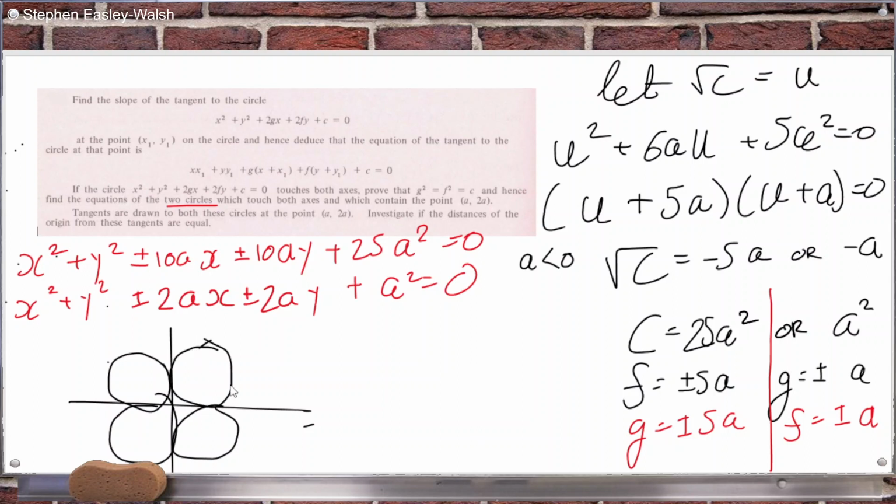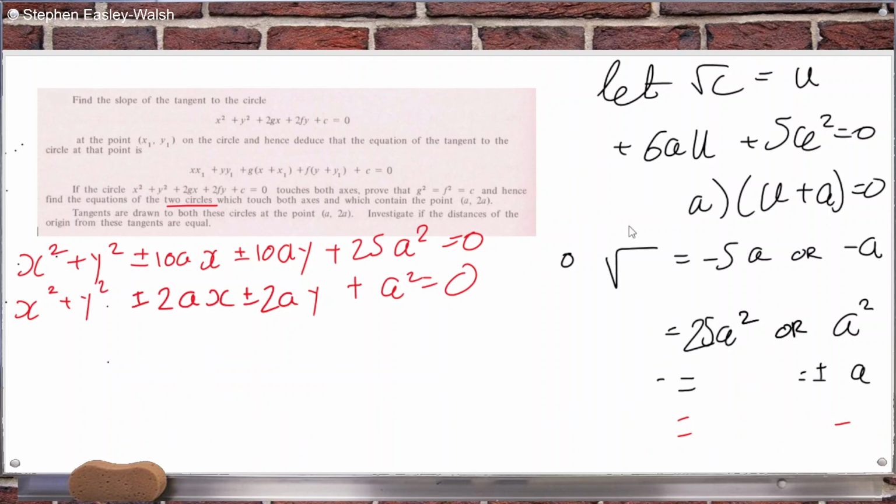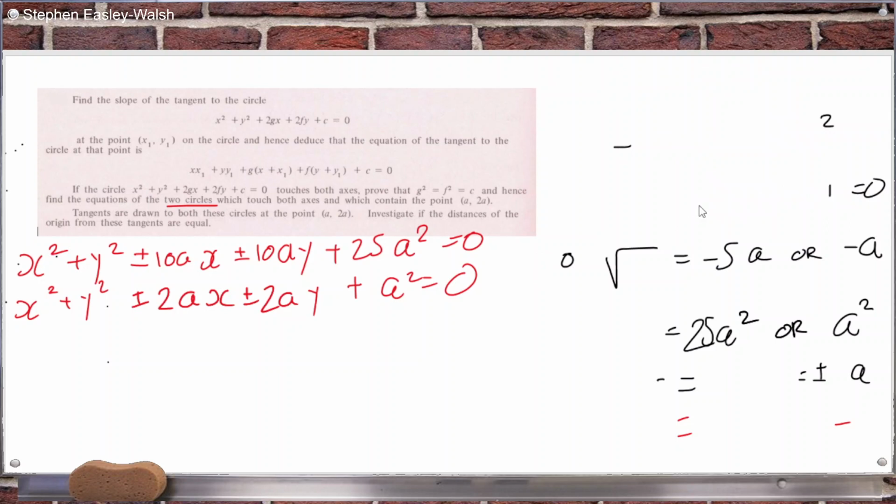Like, let's just say it's here or whatever. Tangents are drawn to both these circles at that point. Investigate if the distance of the origin from these tangents are equal. Well, okay, so it's tangent, and then you want to get the perpendicular distance. But there's going to be 4 perpendicular distances for me. Thankfully, it's to the origin. The 0, 0 will simplify the calculation.